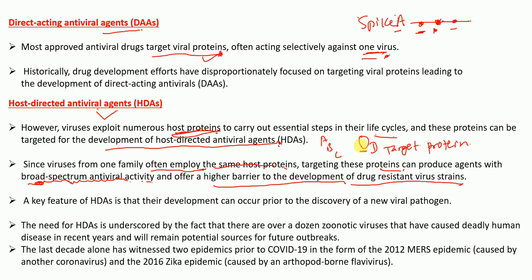This target protein in the host can be the receptor for the virus entry. Then the benefit is that the antiviral agent that is used against this target protein can be useful in all these three viruses, virus A, virus B, and virus C. So that is the major advantage. Therefore it offers a broad spectrum of antiviral activity.